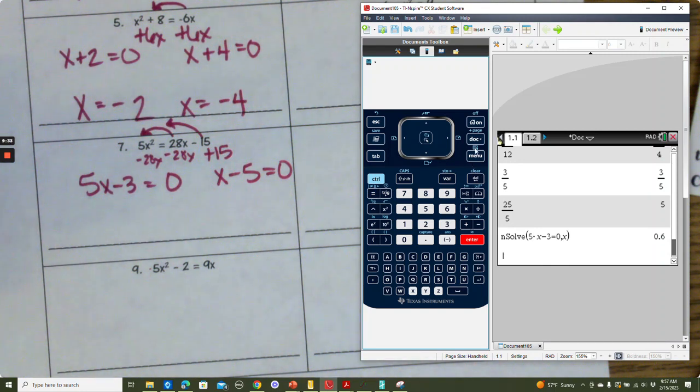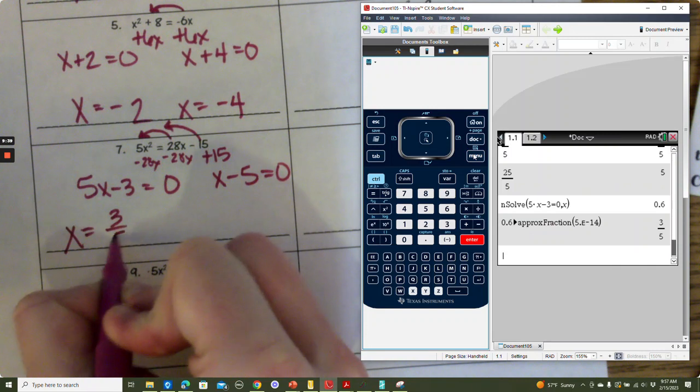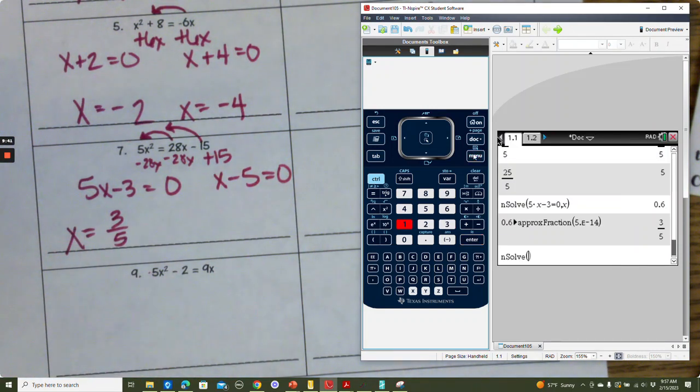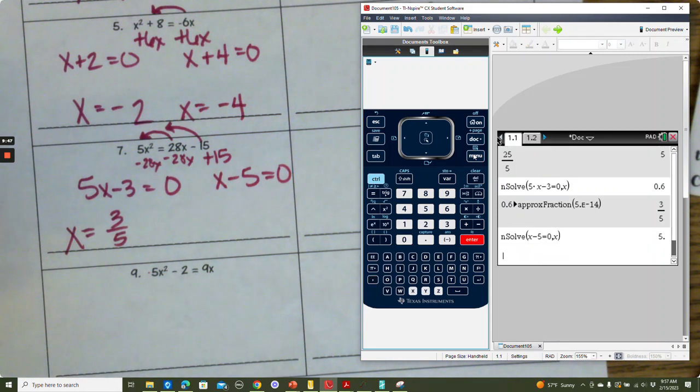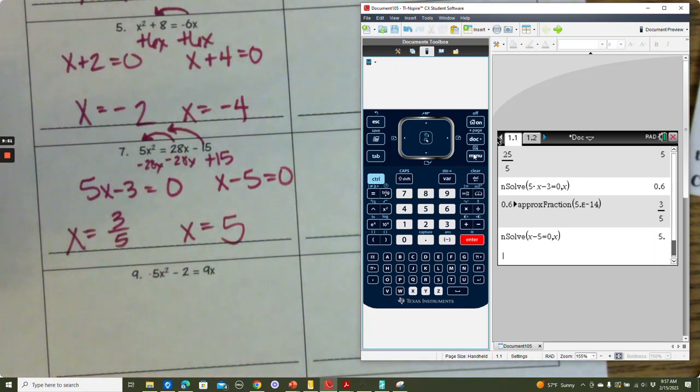So if you get a decimal, it's menu 2, and it's going to change it into a fraction for you. And then the next one is x minus 5 equals 0, and so x equals positive 5.